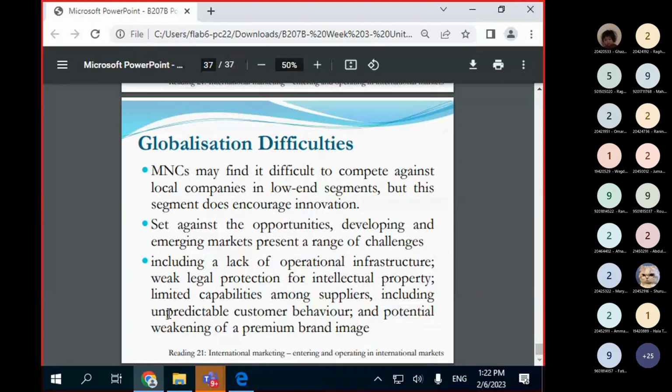So usually, in the popular neighborhoods, you find more local brands than global brands, because the global brands find it more difficult to compete in the low-end segment, whereas it's easier for them to compete in the middle class and the rich, the high-end segments.